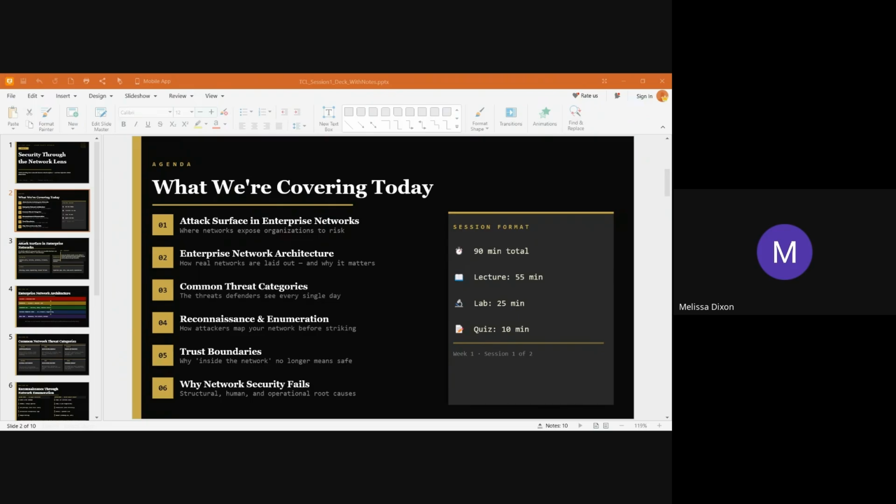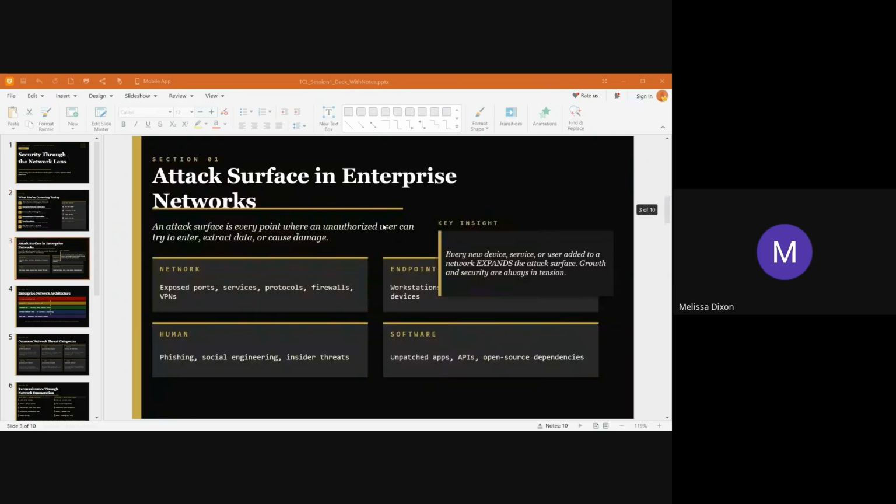Let's start with the most fundamental concept in network security, which is the attack surface. If you have any questions throughout this, just unmute yourself and ask away. An attack surface is every point where an unauthorized user can try to enter or extract data or cause damage of any sort. Every point is the key phrase, not just firewalls, not just servers, but every device, every user, every piece of software.